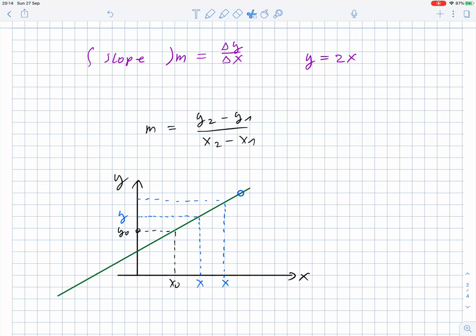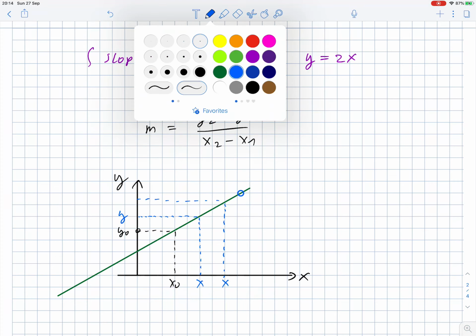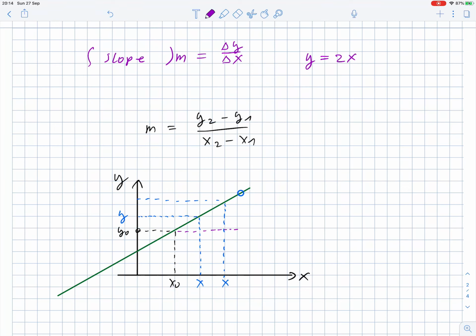at any point that you put this coordinate, and you want to calculate the slope, which is delta y, you will see this expression as y minus y0, and delta x is x minus x0. Then you have your slope: y minus y0 divided by x minus x0.